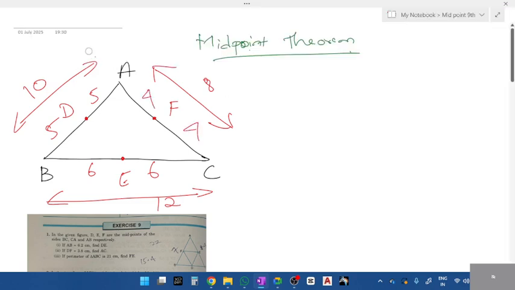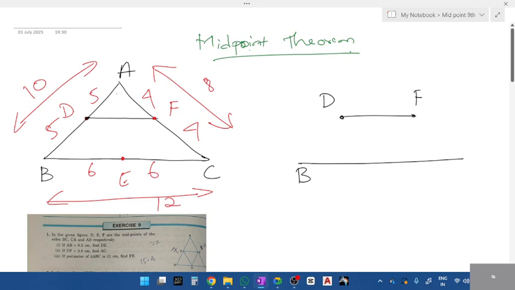So midpoint theorem says that from AB, students, from AB, if I draw a midpoint line DF, look at line DF. This midpoint line will be parallel to the third side. So which two sides did we take to draw the midpoint line? Which two sides did we use?